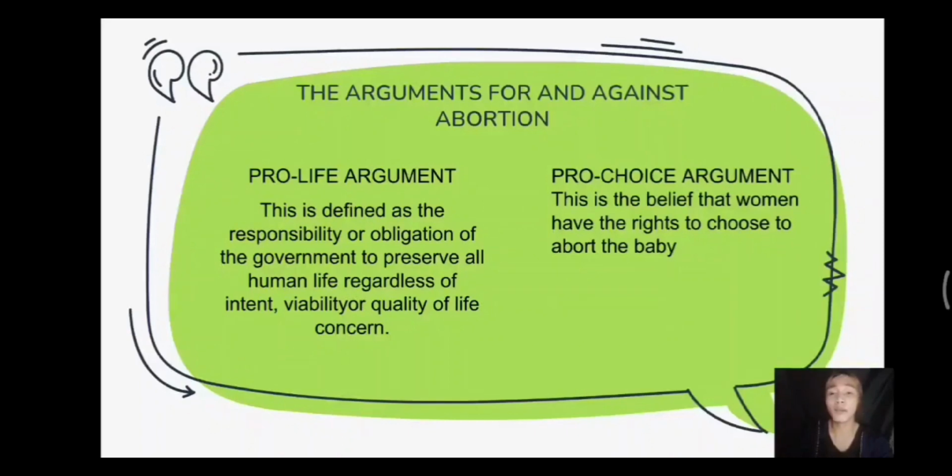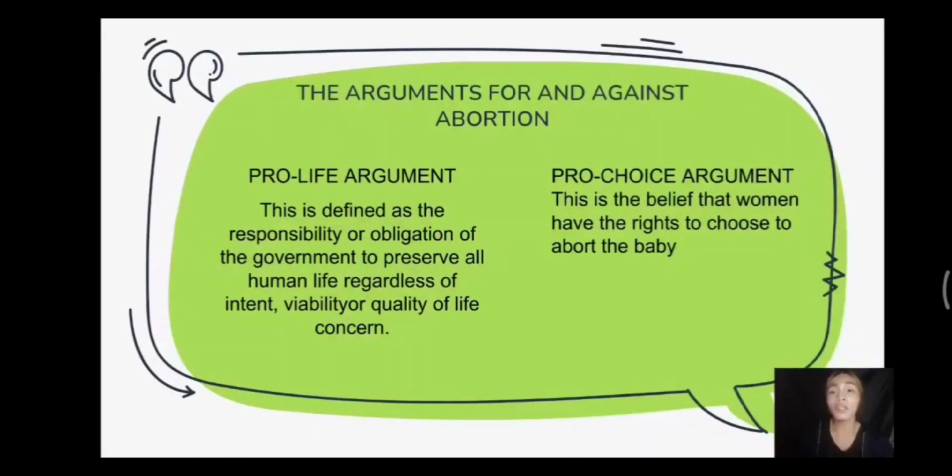As a summary, the pro-life position underlines that abortion is morally wrong because it is simply murder. On the other hand, the pro-choice position emphasizes that abortion is optional for women. Because of these two extreme positions, there is a middle ground which advocates that abortion can be morally justified in some cases.